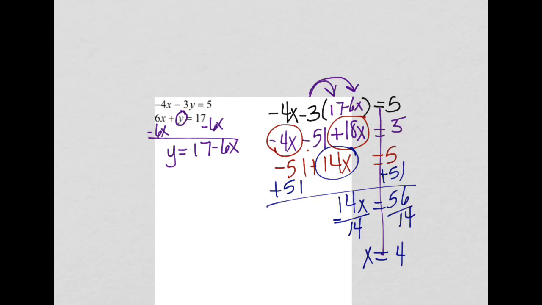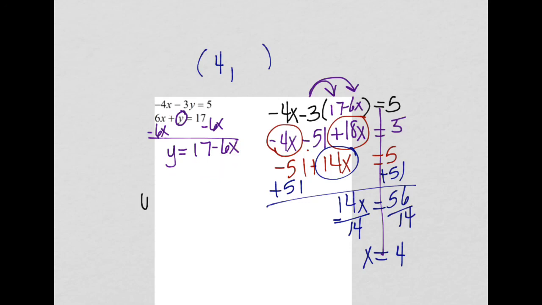So I come back up here, I start my answer, and I have 4, comma. Now I need to find y, which means I can use this equation or this equation to find y. Since this one's already got y by itself, I'm going to plug my 4 in right here and find out what y is.